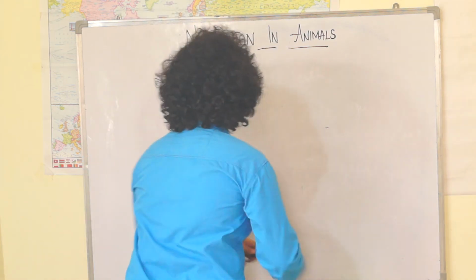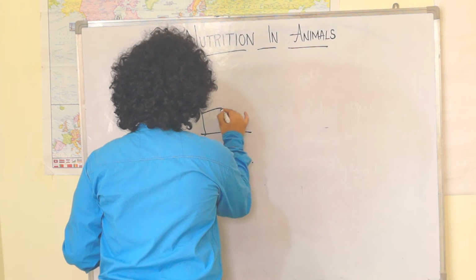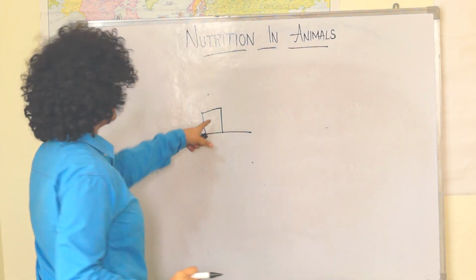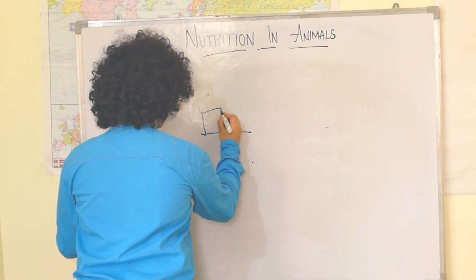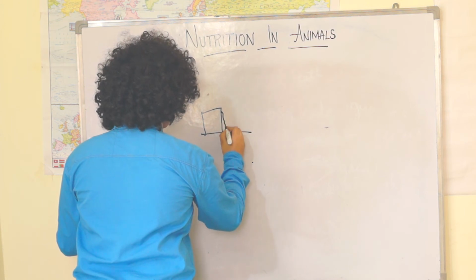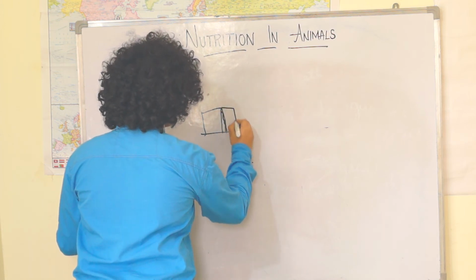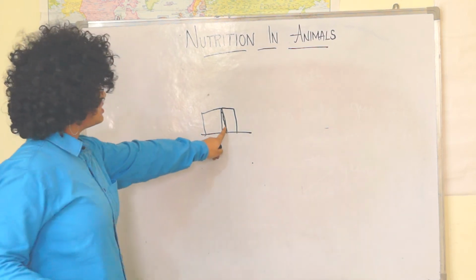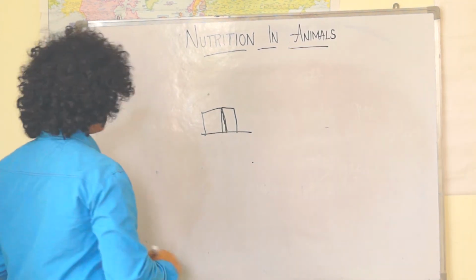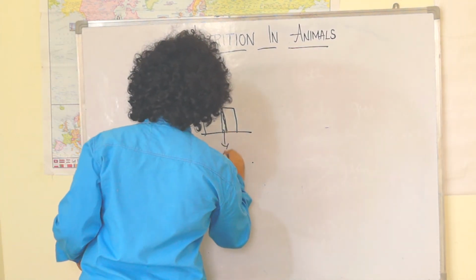Let me draw a teeth diagram roughly. This is the tooth, imagine, and here you have the leftover food and here you have another tooth which grows. So this is the leftover food in the teeth.